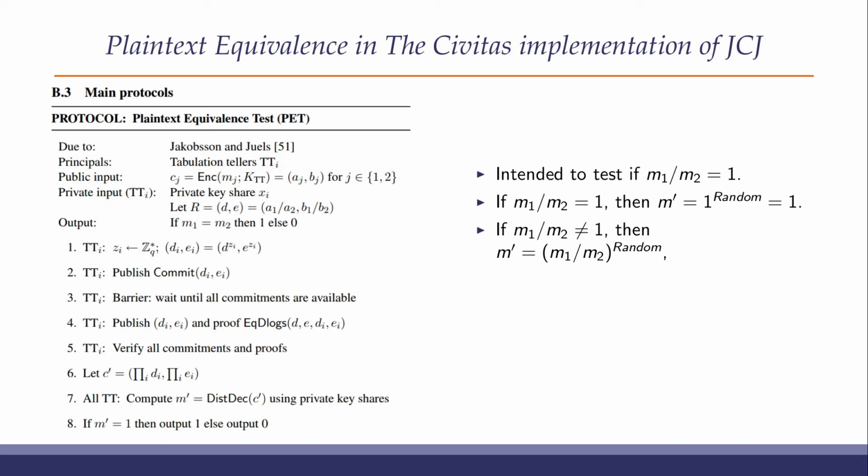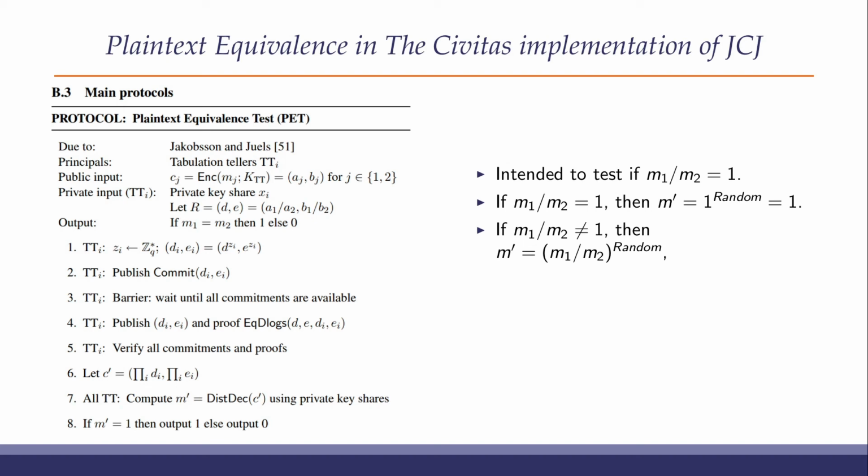And what we're going to do is use the homomorphic properties of the encryption system to decrypt the ratio of the two messages. Except we don't want to do it directly because we want to retain something about the privacy of their contents. So what we're going to do is we're all going to work together to raise that message to a random exponent to which we all make a bit of a contribution.